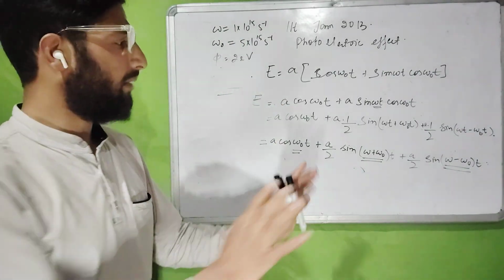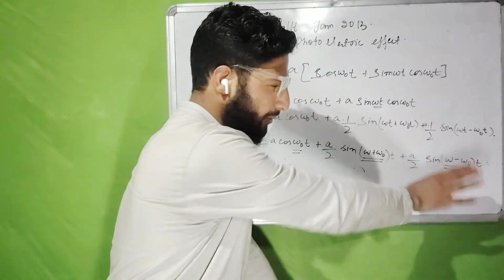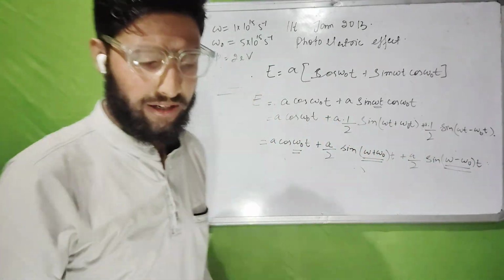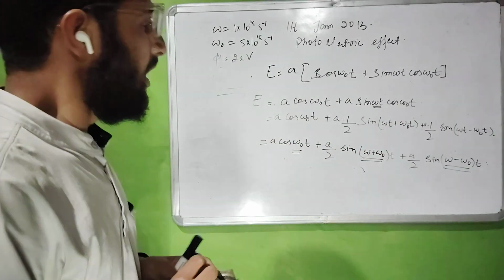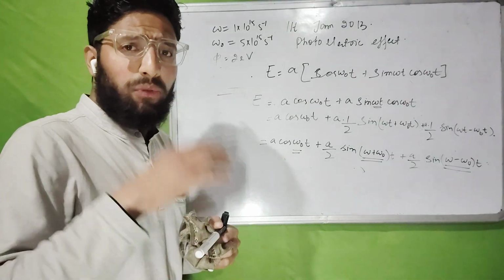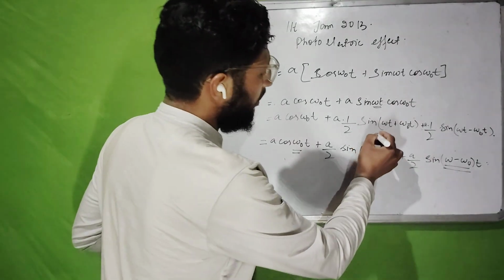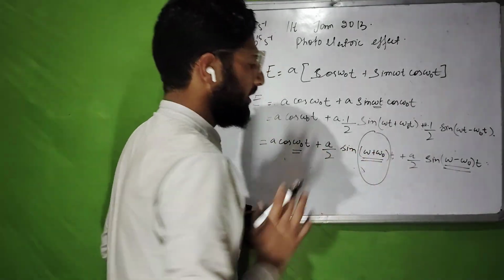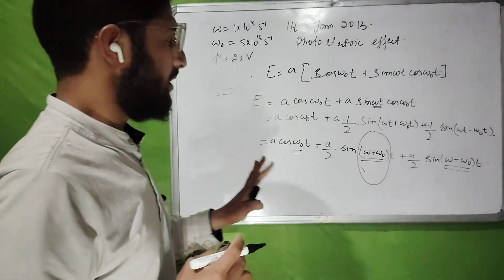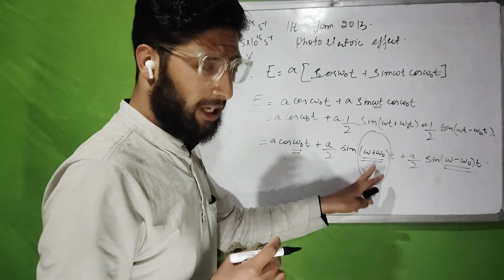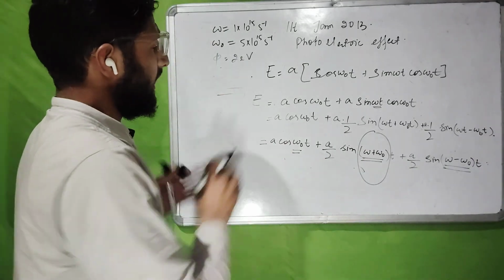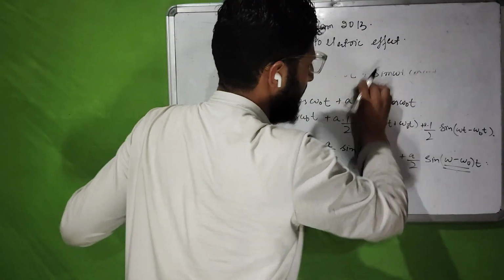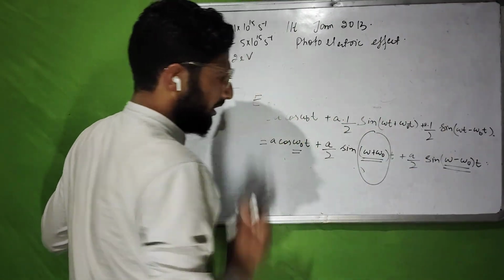I think it will be clear up to this point. So we now know the frequency we will use is omega plus omega naught, and we should keep this point in mind. So for getting maximum kinetic energy, we will find this omega plus omega naught.